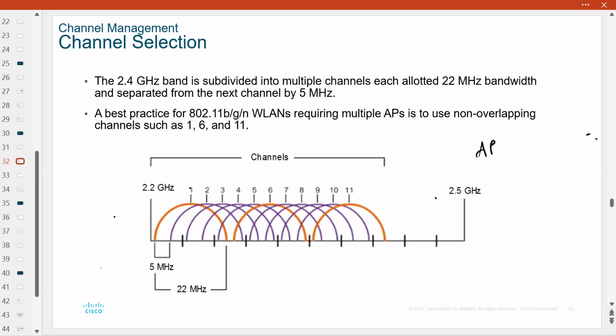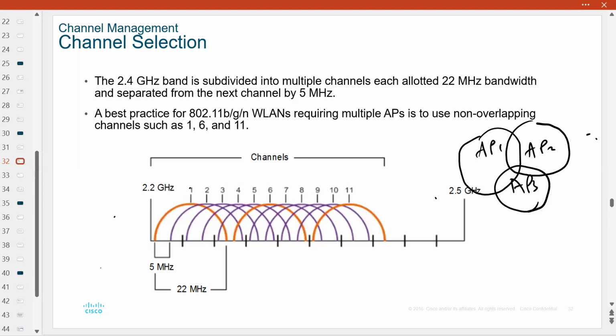So if we have AP1, AP2, and AP3, this is its area, its BSA, this is its BSA, and this is its BSA. When we talk of overlapping, it means if I use channel 1 here, I use channel 1 here, I use channel 1 here, there will be interference in these areas.